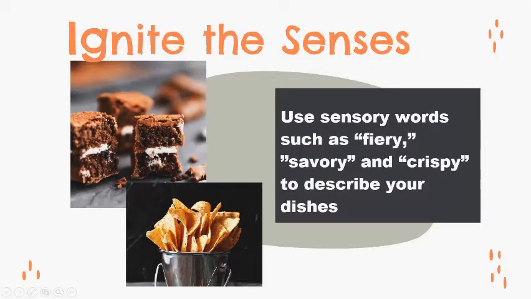We can also ignite the senses. Just use sensory words such as fiery, savory, and crispy to describe your dishes. People are driven by their senses, and by using simple yet tantalizing terms that speak to each of the 5 senses, you paint a clear picture of what diners can expect from the dish.